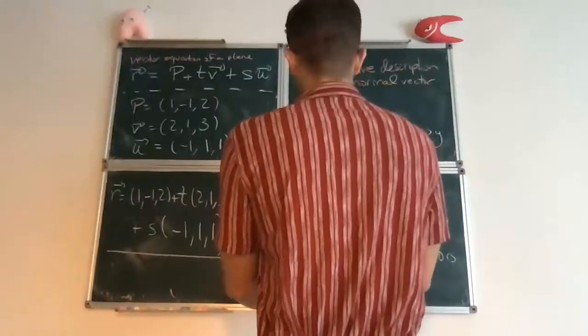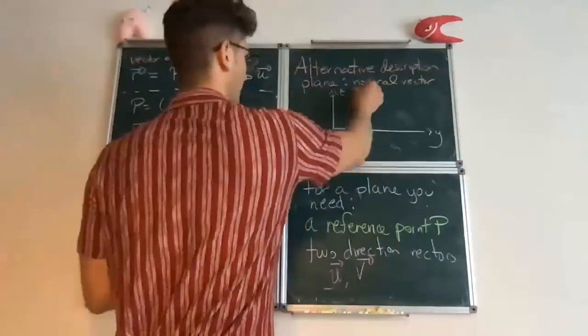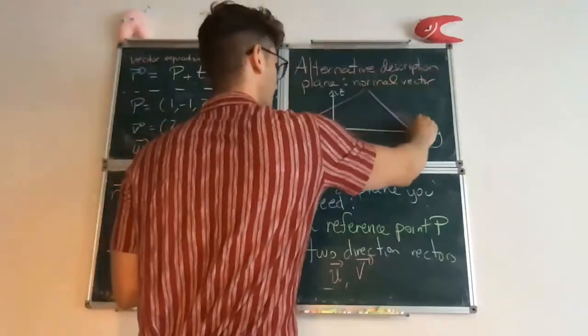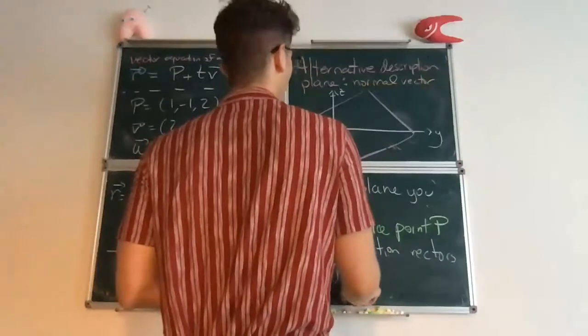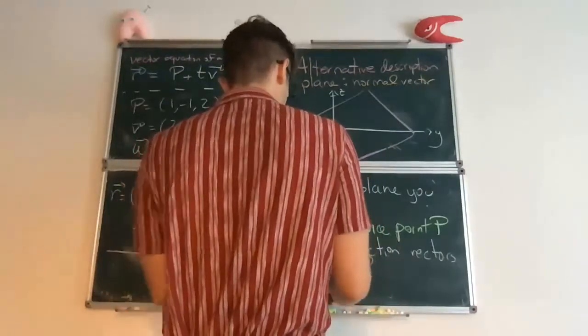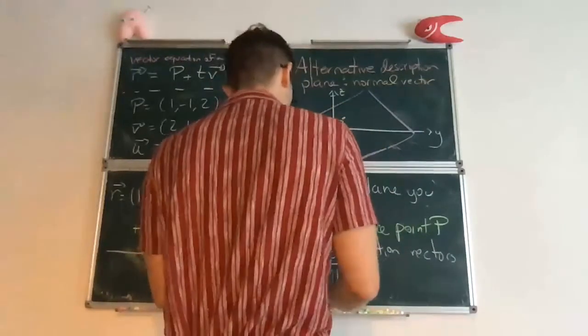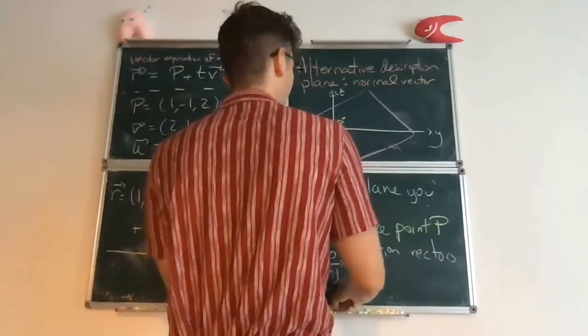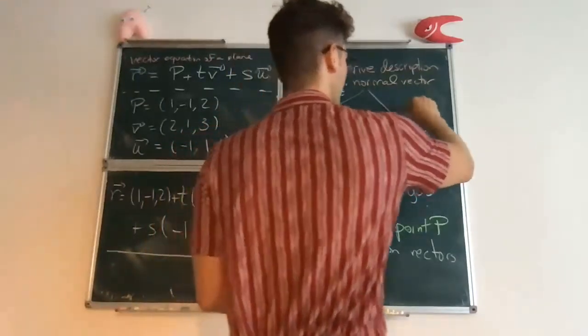But again, the idea is that if you have a plane here, imagine that I know a reference point P as before, and I want to know the equation for any other point here.